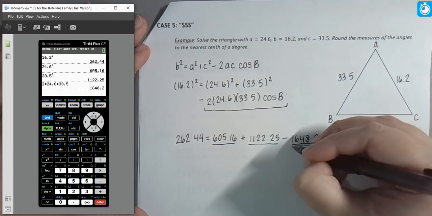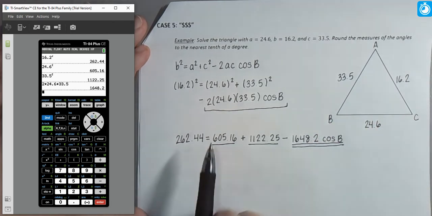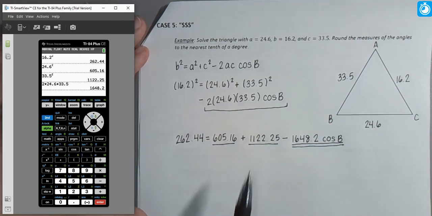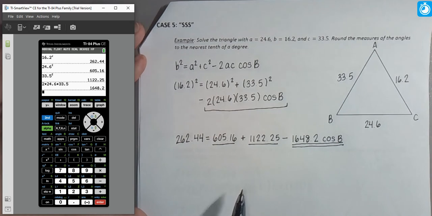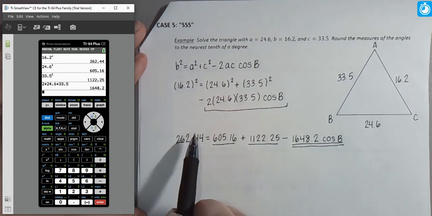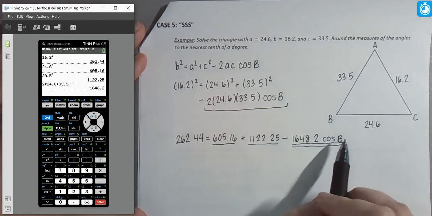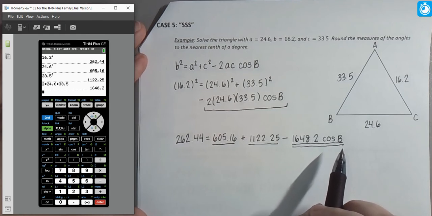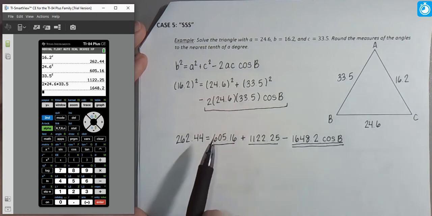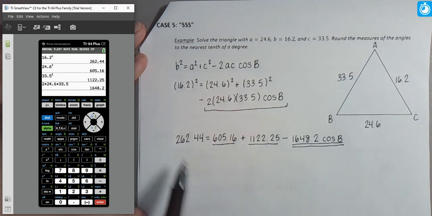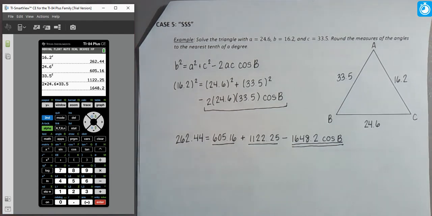It's its own thing. So you can combine these two, and certainly that's what you want to do, and then move them to the other side, because whenever we have a variable, we always want to isolate it if we want to solve for it. So I'm going to combine those and then move them over, or alternatively, we can just take 262.44 and subtract each of these in one step, and that's probably going to save a little bit of time.